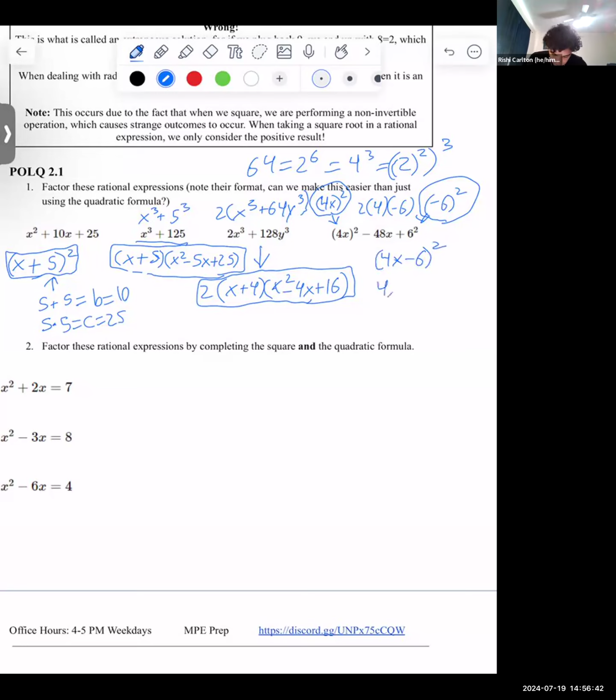So I'll get us 4x squared, minus 2 times 6 times 4, plus 36, which is what we started with. Does everyone see how that last problem is a perfect square? Give me a thumbs up if you're feeling good.